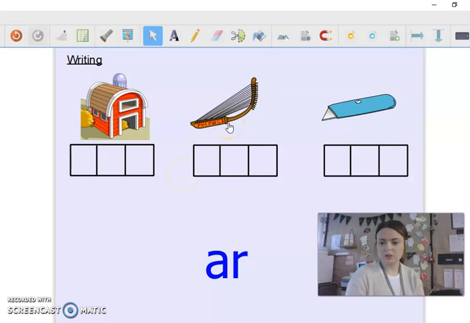Ooh, what's this musical instrument? Harp. H-ar-p, harp. Here we've got something that is sharp. Sh-ar-p, sharp. Can you have a go now at writing them in our phoneme frame? Okay, off you go.